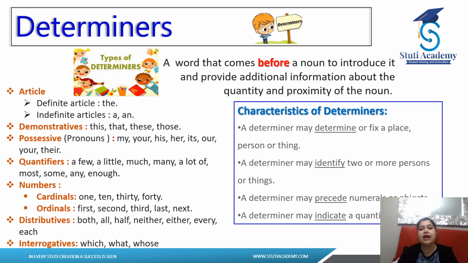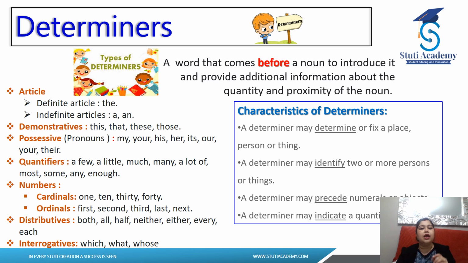Let's look at the characteristics of determiners. If you see on the slide, you can see the characteristics of determiners. The most important and the basic characteristic is determiners have a specific place in the sentence, and the place is before the noun. They are always placed before the noun. So remember this. This is the way you will identify a determiner.